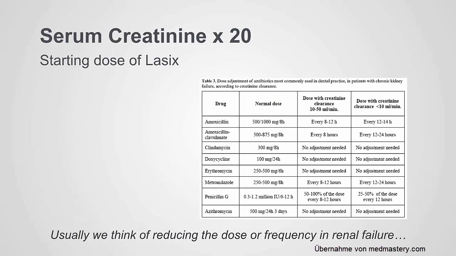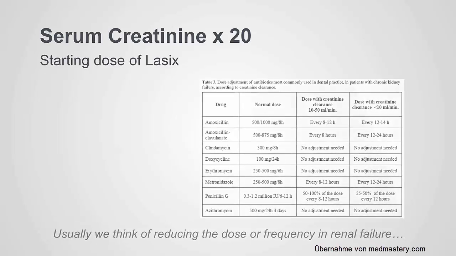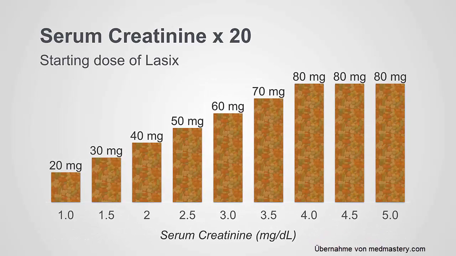We're always talking about dosing for kidney disease. And usually when we talk about renal dosing, we talk about decreasing the dose, that as your kidney function deteriorates, you either need less of the drug or you need to use the drug less often. That's not the case with diuretics. Here, when we talk about renal dosing, we use more and more of the drug as the kidneys get weaker and weaker.